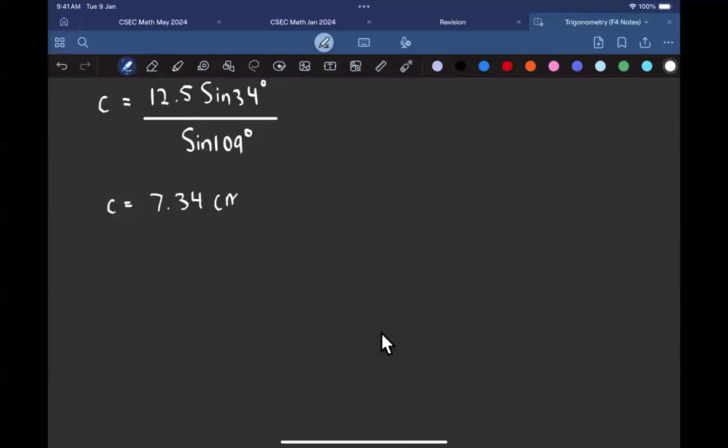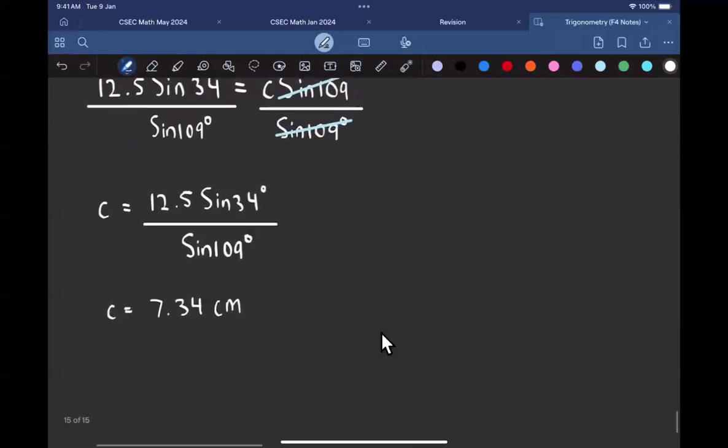You're probably scratching your head. I go there with the sharp. Fair enough. This is what you're going to do. To separate it, you're going to put open bracket 12.5 sine 34. You're going to close that off, and you're going to put divide, open bracket sine 109. It should be your answer.